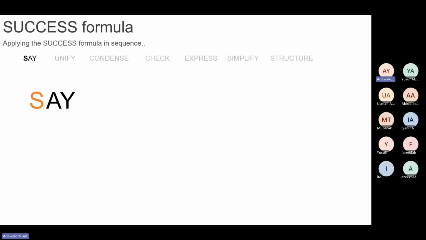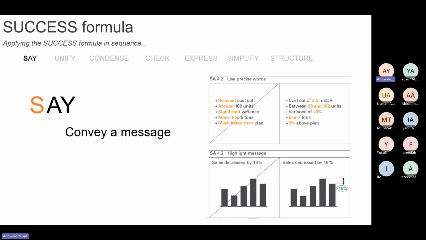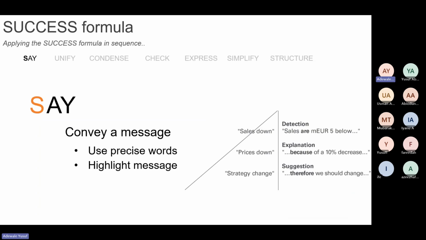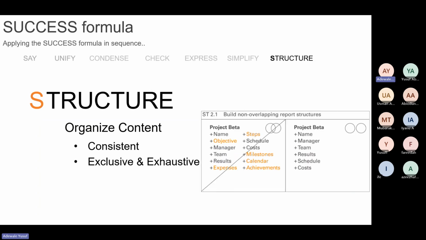Now, the last one is structure, which means organize your content. I mentioned conveying a message, so you should put the message first. An example of that is me describing my visualization: I described that the sales decreased by 80%. I did not just put the visual there. I used a message to make this visualization interesting. Another thing is structure: don't just scramble your content together.